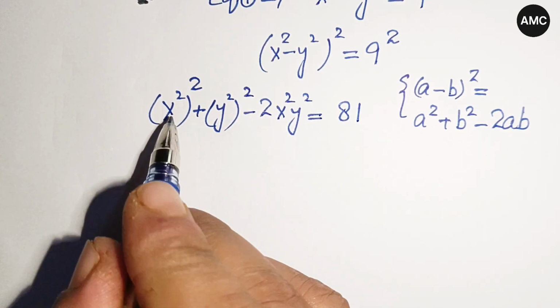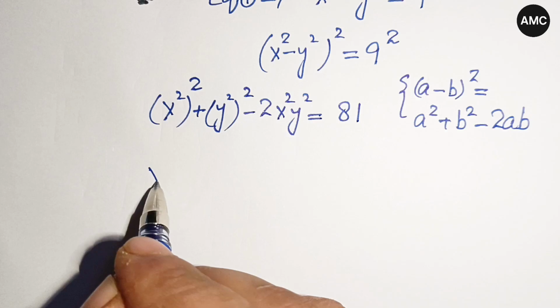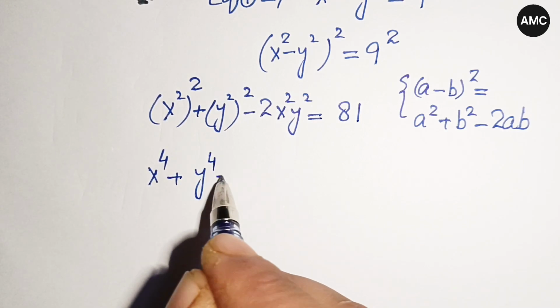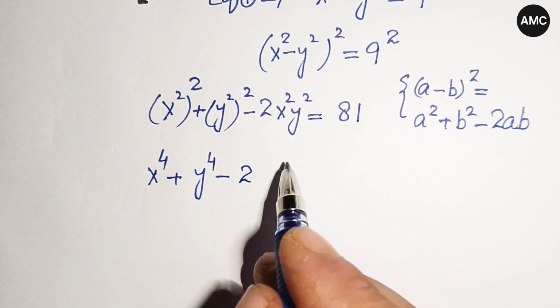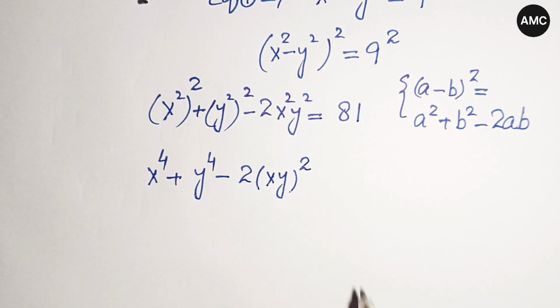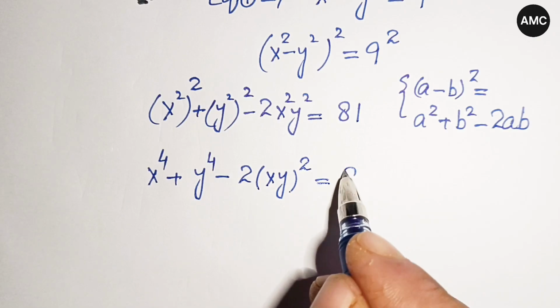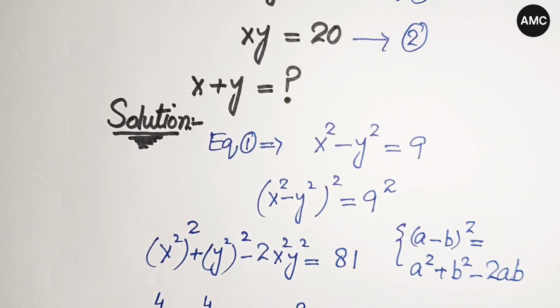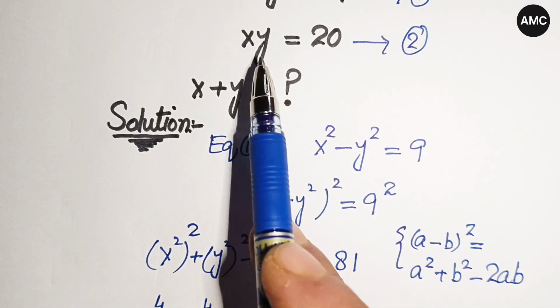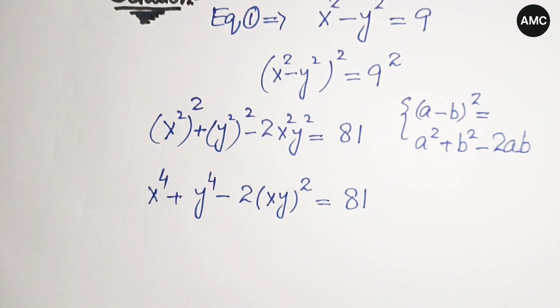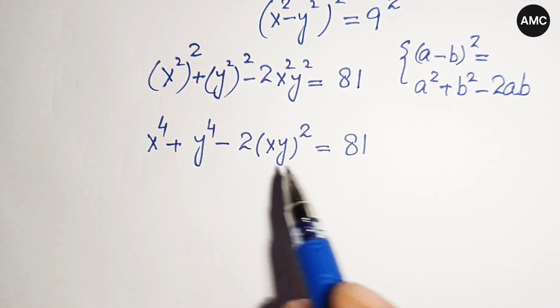Now x squared squared is x to the power 4, so x to the power 4 plus y to the power 4 minus 2 times x squared y squared, which can also be written as (x times y) whole squared, is equal to 81. Now if we look at equation number 2, x times y is equal to 20, which is given in our problem. We just put the value of xy here.